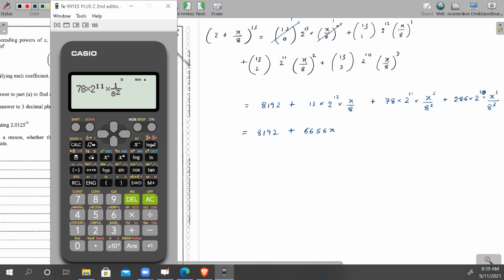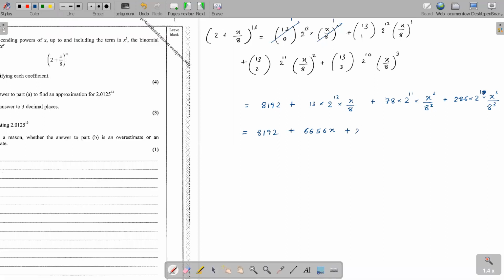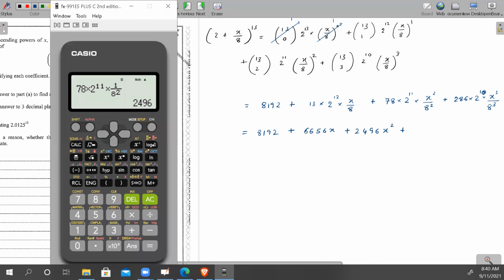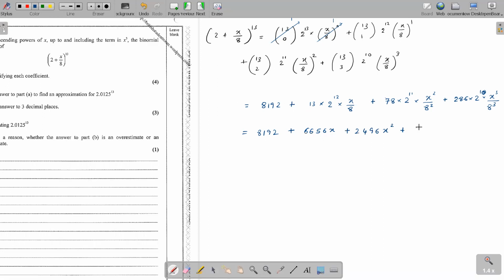That gives me 2496 x square. The final term, we have here 286 into 2 to the power 10 into 1 over 8 cube. That gives me 572 x cube.